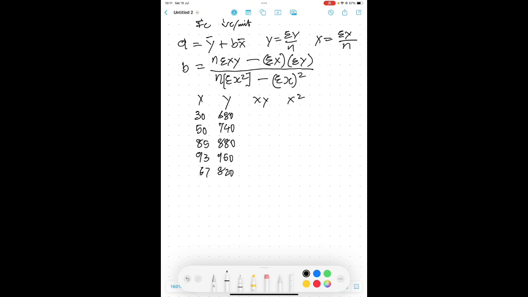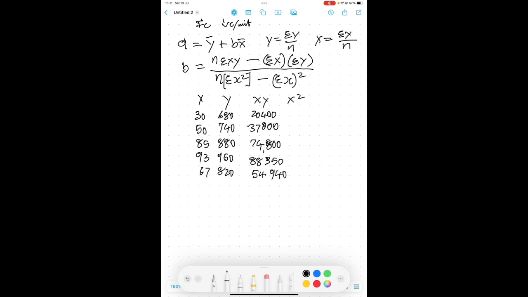The multiplication of X and Y will give you 20,400, 37,000, 74,800, 88,350, 54,940.